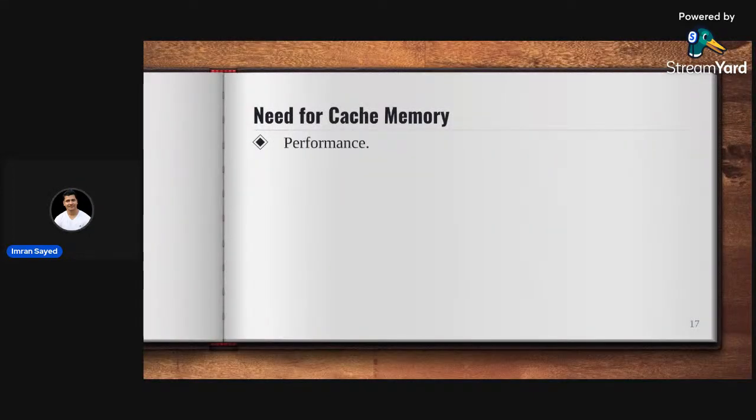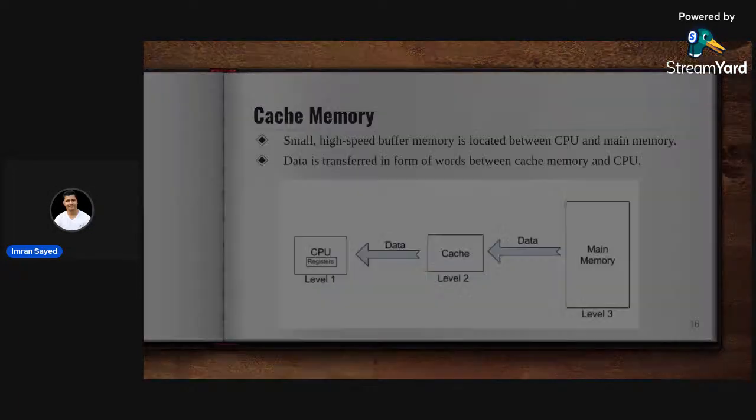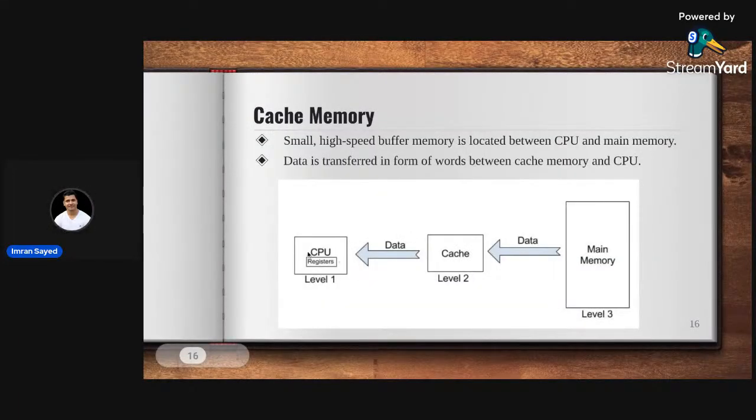So what's the need for the cache memory? Well, the main important use of the cache memory is performance. Ideally, the speed at which the CPU requires the data is high, and the main memory, which is the RAM, is not able to match that. So to match that speed, cache is used.